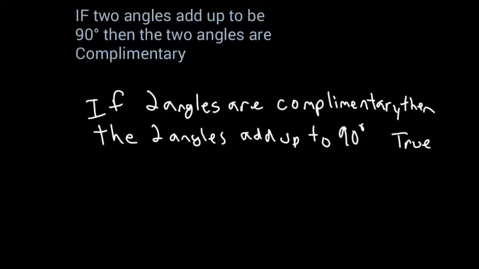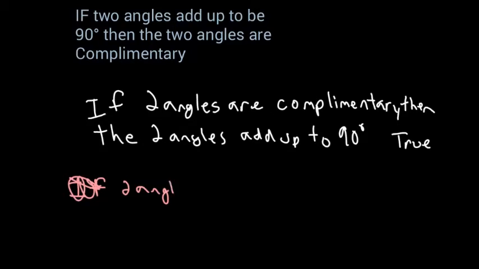So to do that, you write it like this. If two angles, alright, hold on just a second. I messed up the start of that, so we don't need the if. Oh, I can't erase it, so we'll just cross it off.